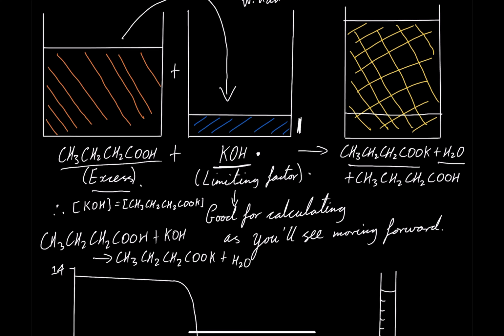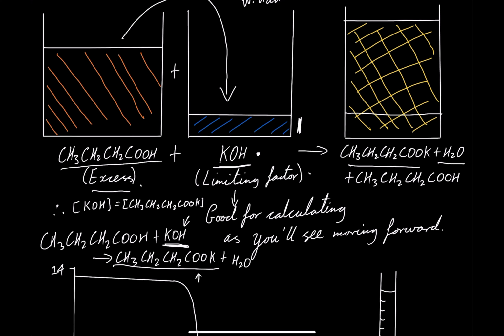We always have water left over, right? But we know that potassium hydroxide is a strong base and is going to fully react because it's the limiting factor here. So we can assume that this concentration here is the same as this concentration here, because all of this that's reacted will form the salt.